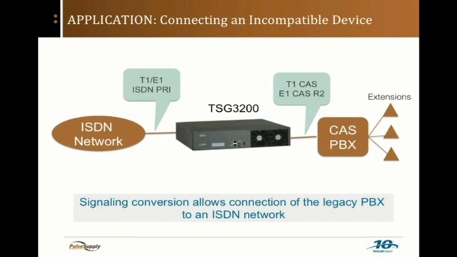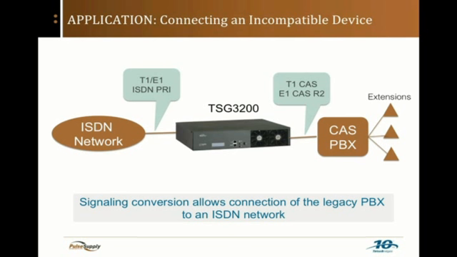where the signaling converter can be used to interconnect incompatible devices, in this case, let's say a legacy PBX that uses T1 CAS signaling or E1 channel associated signaling, specifically R2 CAS, to an ISDN service that's provided from a carrier.